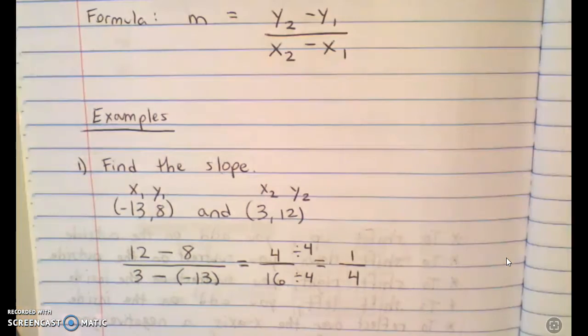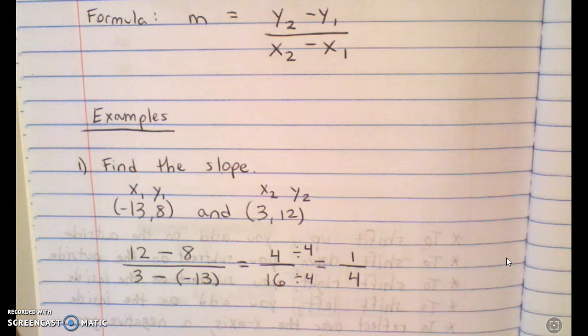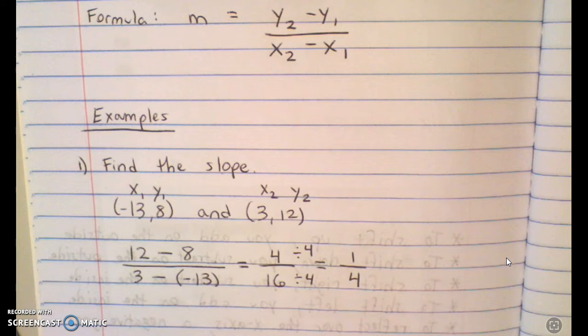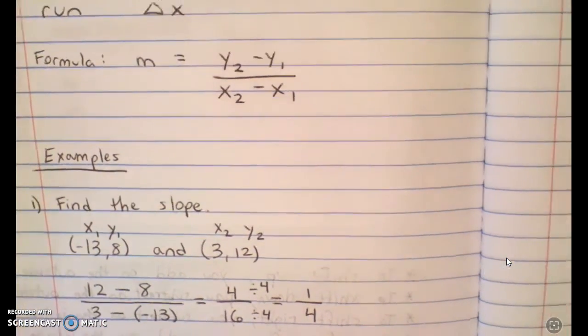So the slope between these 2 points, the change in the y values over the change in the x values, is 1/4. We use slope when we get to what's called average rate of change. Let's do 3 more examples together, and then I'll have you work on the practice problems on your own.